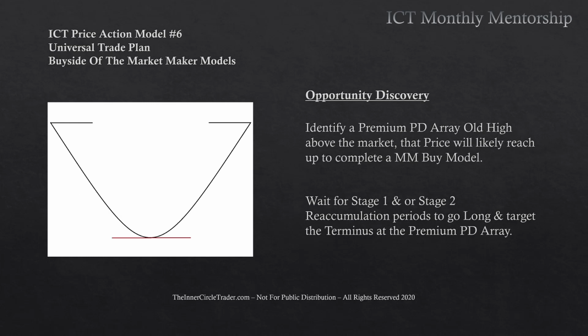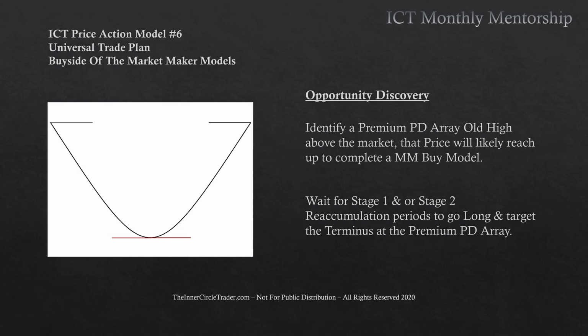And the reverse is seen when we have a market maker buy model. We're going to identify a premium PD array, old high, or in this case, the original consolidation above the market. That price will likely reach up to complete a market maker buy model. Again, we're going to wait for stage 1 and or stage 2 reaccumulation period to go long and target the terminus at the premium PD array.